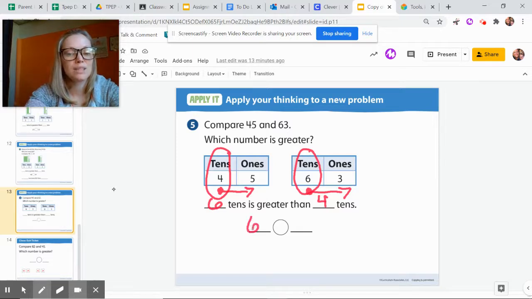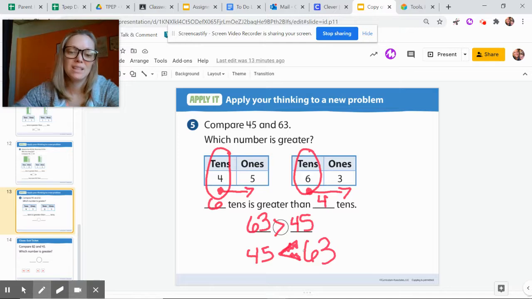So 63 is greater than 45 because 63 has 6 tens and 45 only has 4 tens. You could also write this 45 is less than 63. You just want to make sure that alligator mouth, here's my alligator mouth, is eating the bigger number, okay?